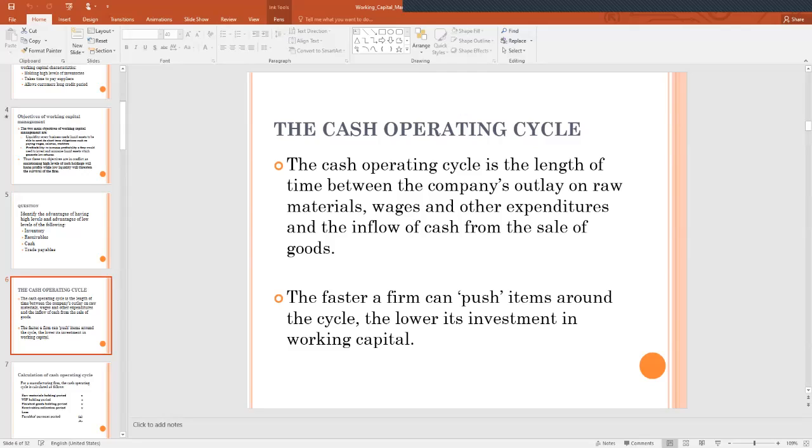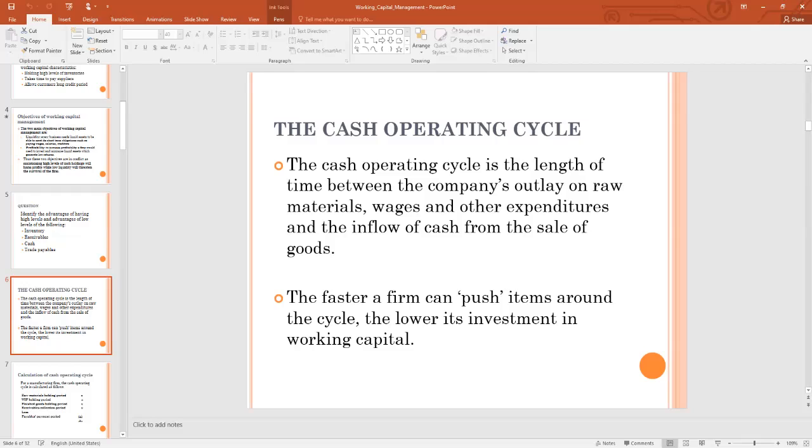The cash conversion cycle indicates the time period when the company is, in quotes, out of money. Why do I say that? Because the cash conversion cycle is the time difference between payment to suppliers and cash collection from the customer.